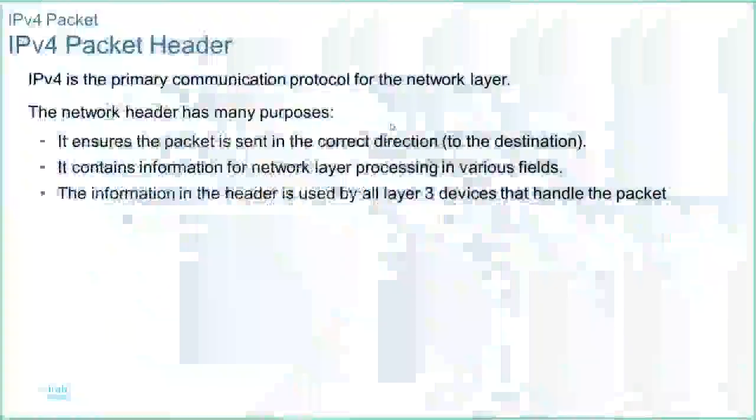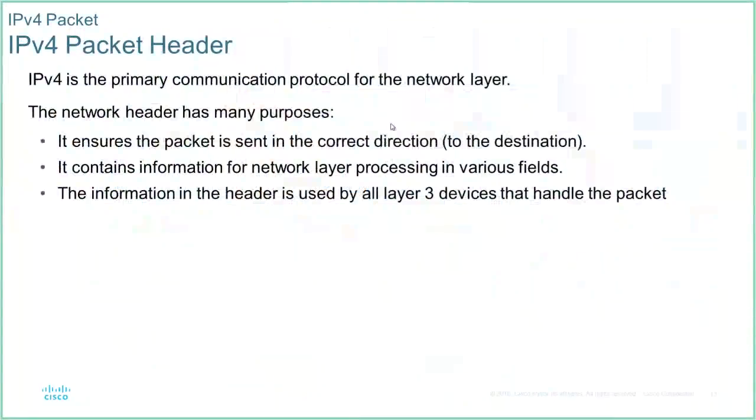So IPv4 headers, we are looking at the header to get the destination IP address out of it. Within that, it contains some other fields like time to live and things like that. We'll look at that in the next couple of slides when we actually look at the header.